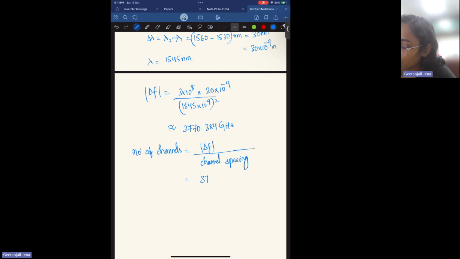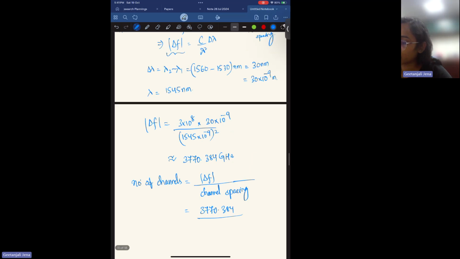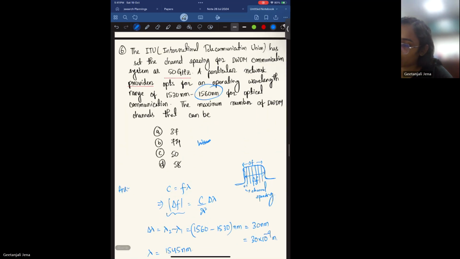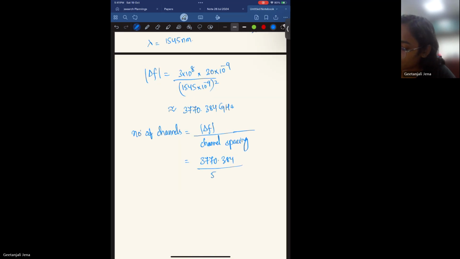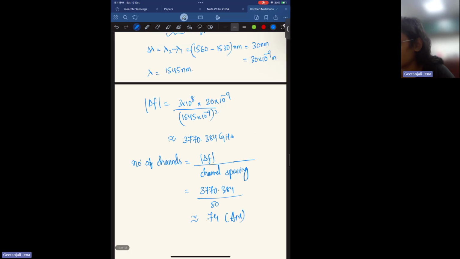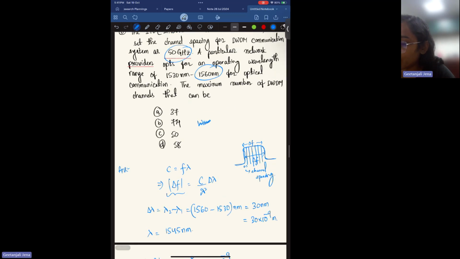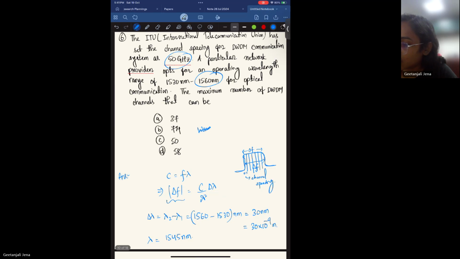Delta F is 3770.384 gigahertz and channel spacing is 50 gigahertz. This will come around 74. That means you can easily pass 74 channels when you have a channel spacing of 50 gigahertz. So the answer will be 74.